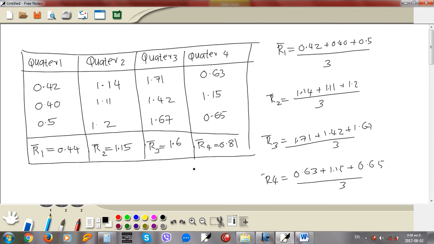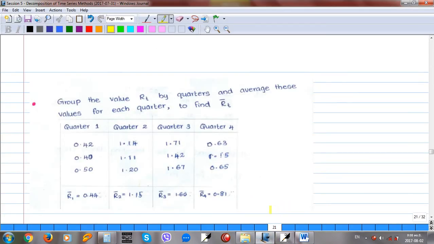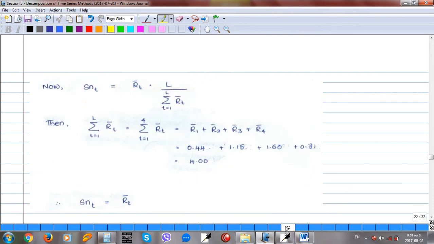Since we now know the R bar values, we can use the equation, because we know all the values in it. What is the equation?